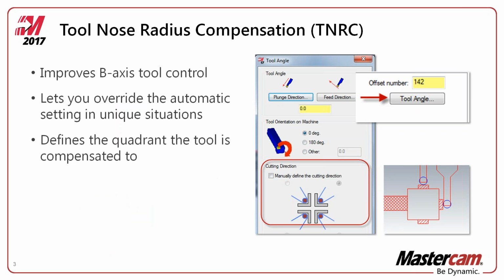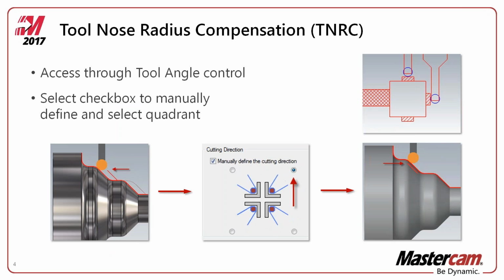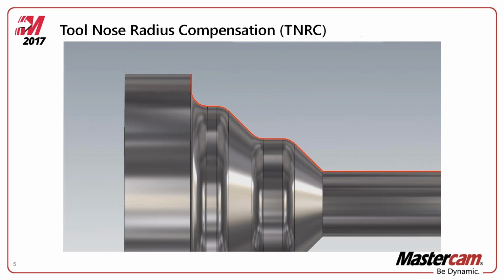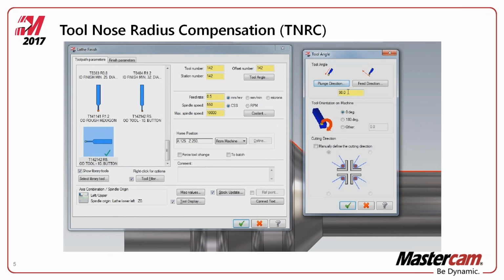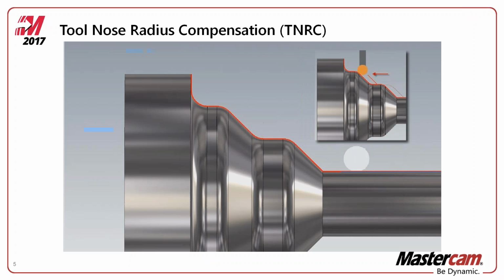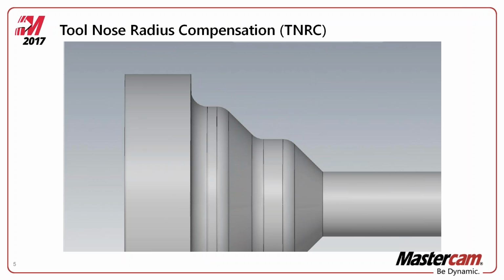So getting into the tool nose radius comp here, we added in some changes as far as how we're going to compensate the toolpath and the tool. If we take a look at a quick video here, we can of course set up the tool angle that we need to run it at. But if you take a look at the compensation line, it's not exactly correct.